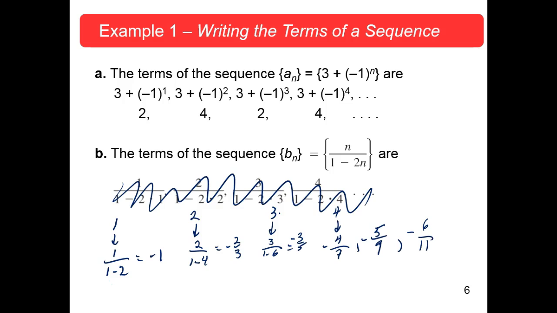What's this one doing? It is getting smaller. It starts at negative 1, goes to negative 2/3, negative 3/5, negative 5/9, negative 6/11. Is it going to 0, you think?